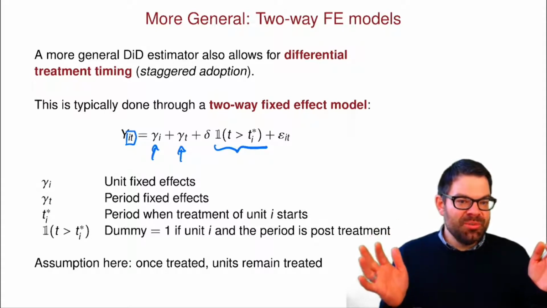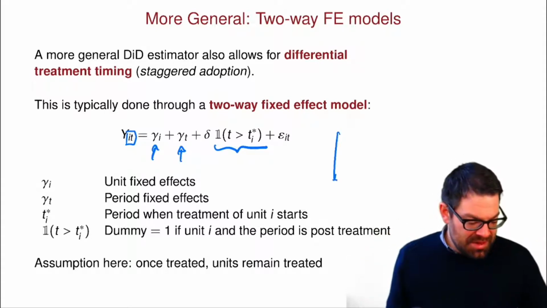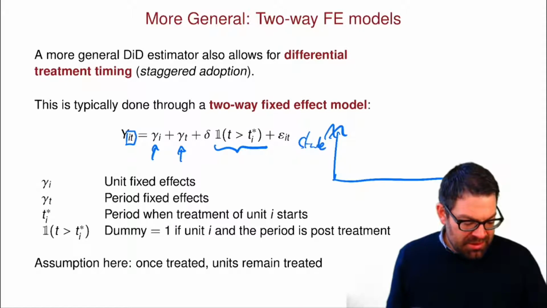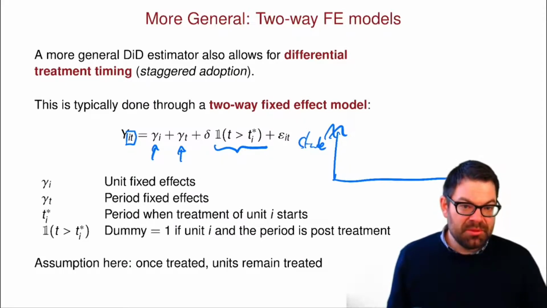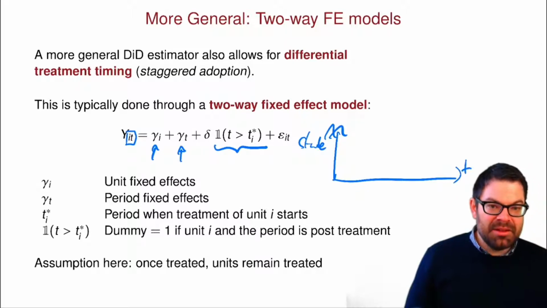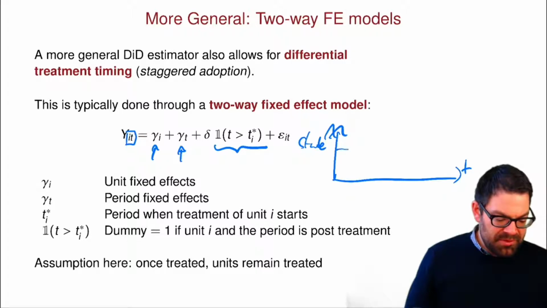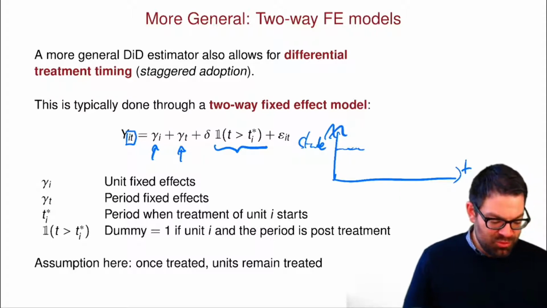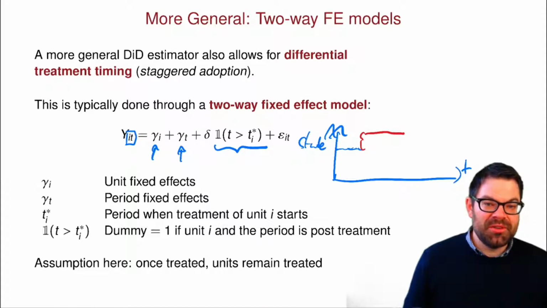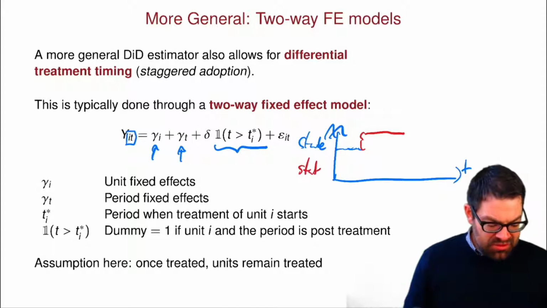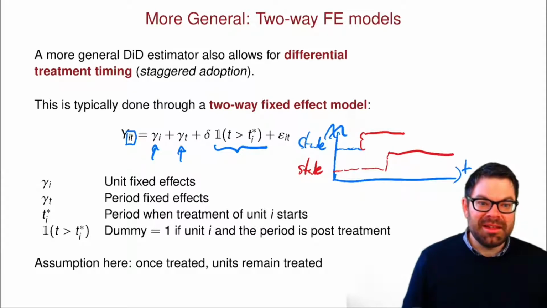So if you think about a timeline here, so here we have time, and you see that state 1 would have, let's say, if it's a policy that changes the outcomes in that state and improves things, you would see that jump early because that state adopted the policy earlier, and then state 2 would adopt the policy later, and we would then see a jump like that if there is an effect.